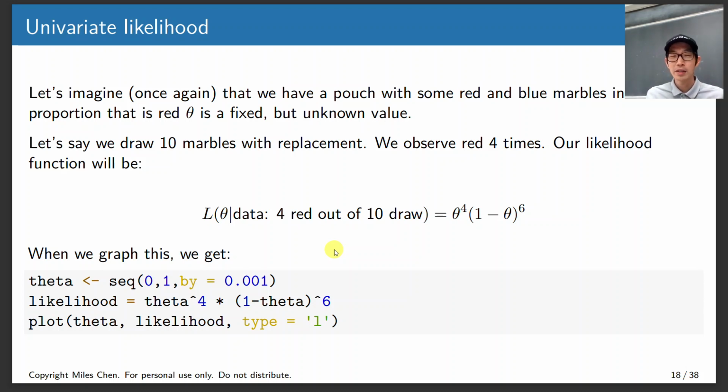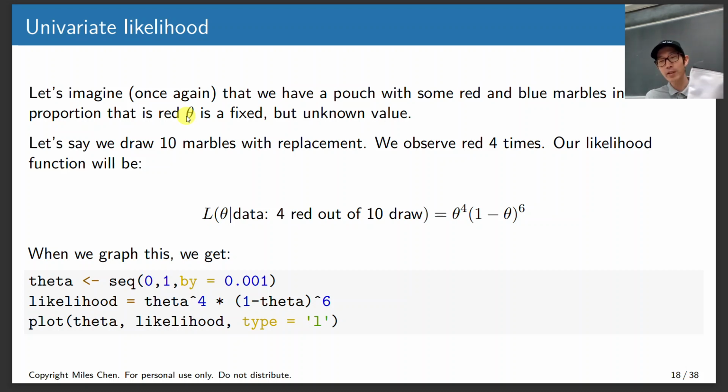Okay, all right. And so we can say, if the proportion of red is given by the symbol theta, which is some fixed value, like if we wanted to, we could open up the pouch, dump everything out, and we would get a fixed value for theta. We just don't know what that is.